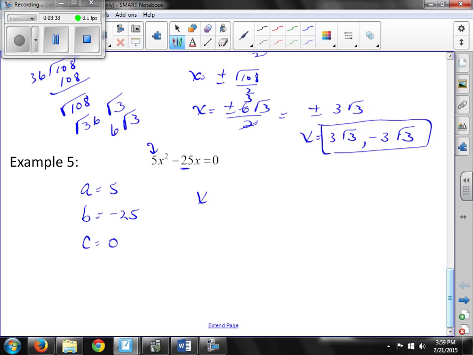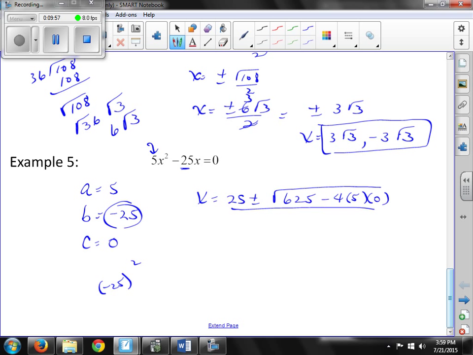So we have x is equal to the opposite of b, which would be 25, plus or minus the square root of b squared. Let's see, negative 25 squared is 625, minus 4 times a, which is 5, times c, which is 0, over 2 times a, which is 5.